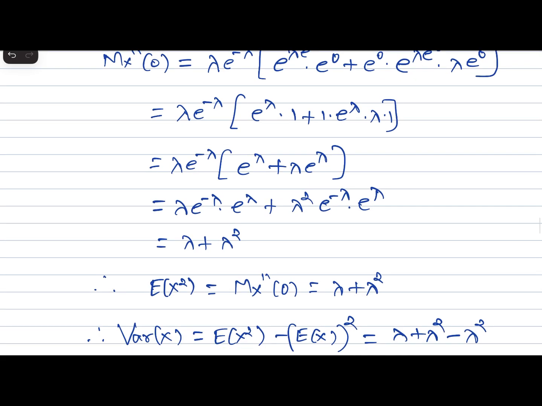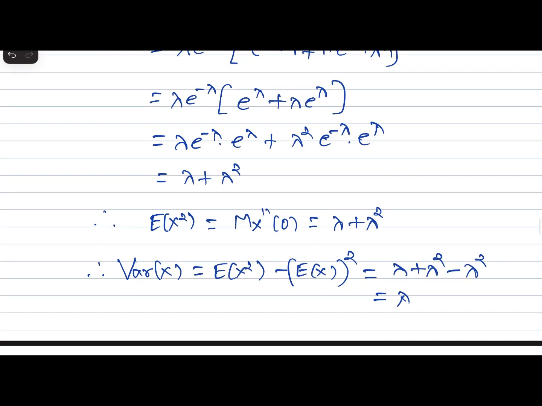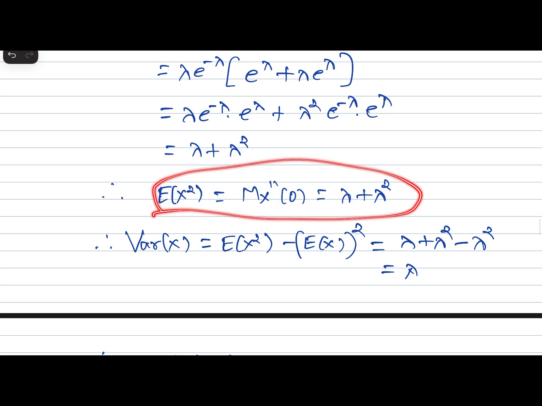And you know that the exponents with the same negative and positive powers will get cancelled. So this will be 1, so you will get lambda here. This also gets cancelled, which is 1, you get lambda square. So this is your E of X square, and that is what we have written here. We got this answer.